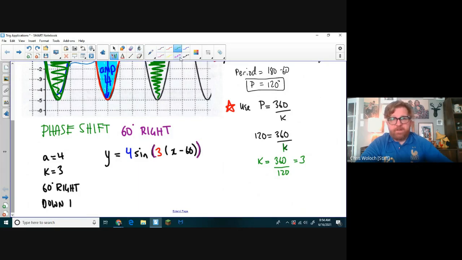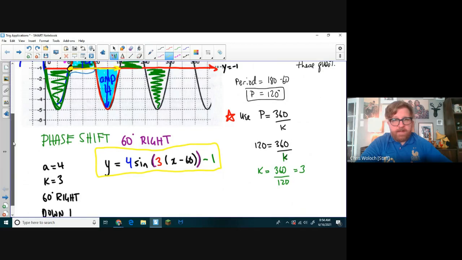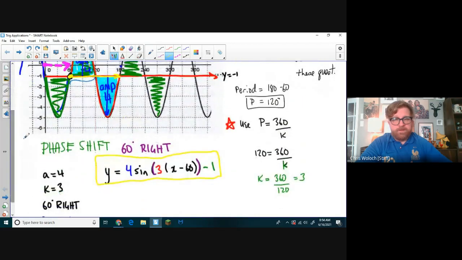And then the axis of the curve was y equals -1, so we're going to go -1. All right, so that is the equation of that graph using the sine function.